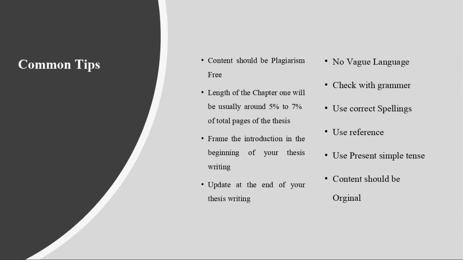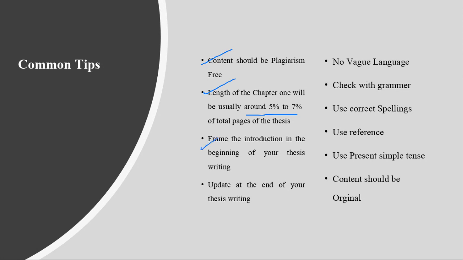Last, we are seeing the common tips we have to follow when we are writing our chapter 1. Please see that content should be plagiarism free. For the length of the chapter there are no rules, but still you can have 5 to 7% of the total pages of the thesis.